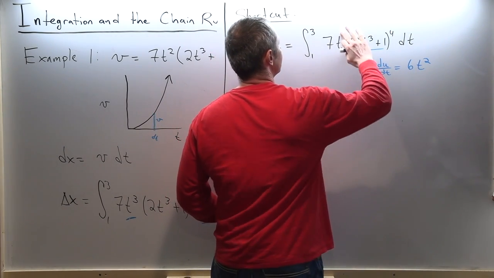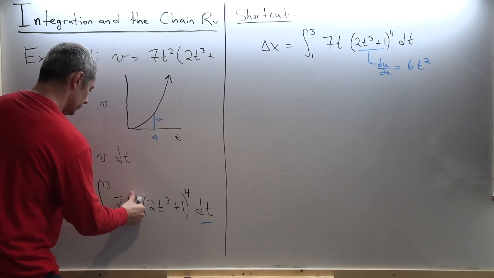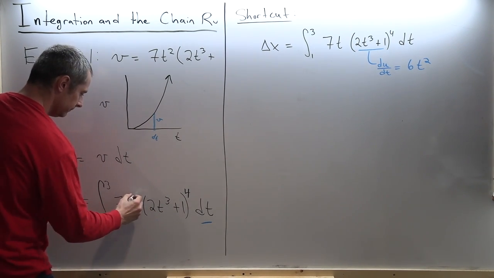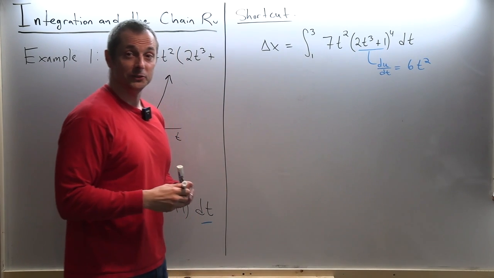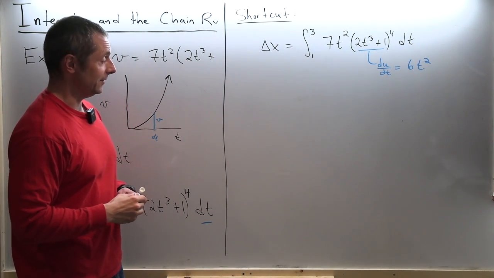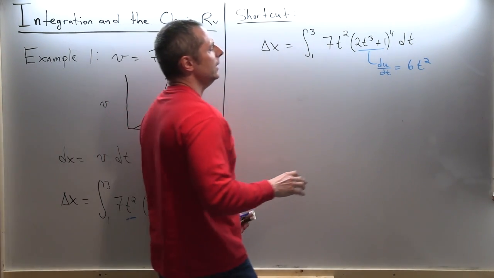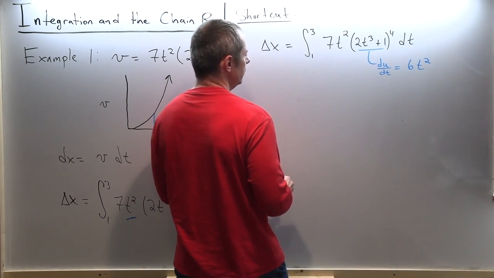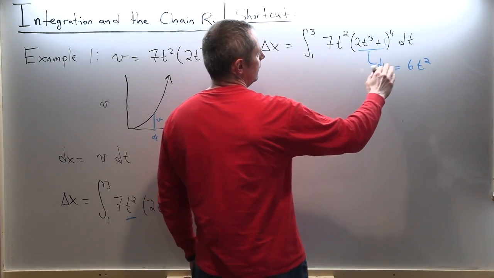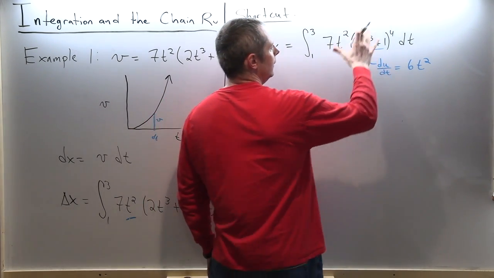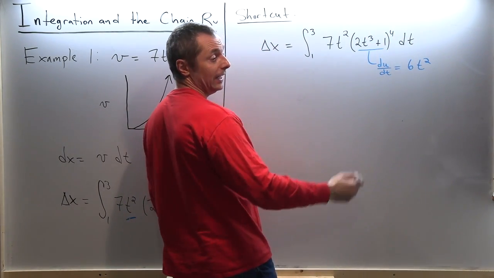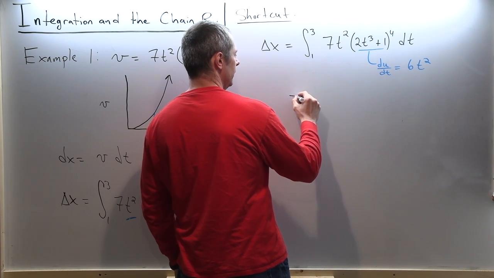oops, I forgot to change this back to squared. I apologize for the other error here. So I can see that if I had a 6t squared dt and this, I would basically have the derivative of my function, and I could just go back and take an antiderivative.